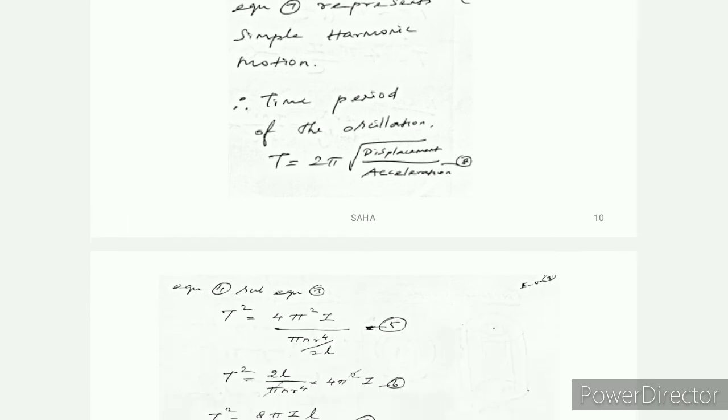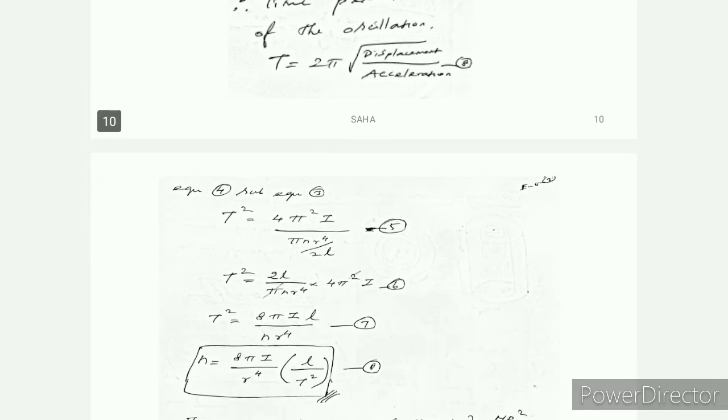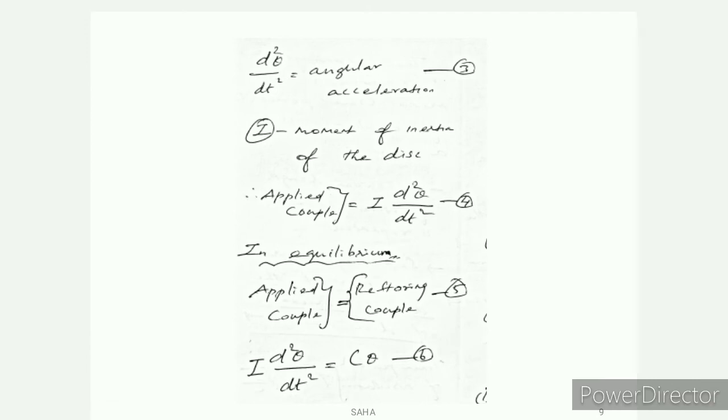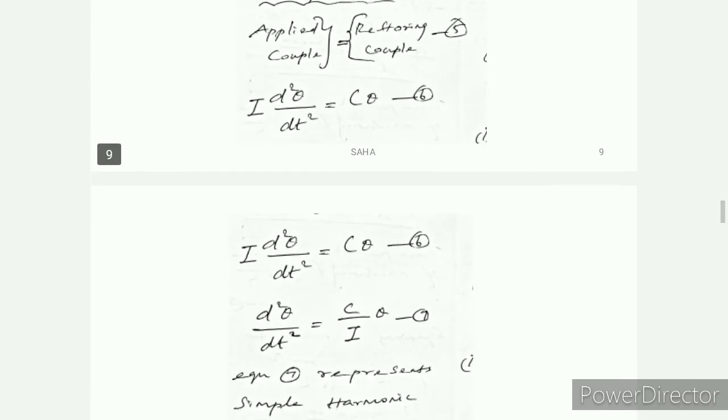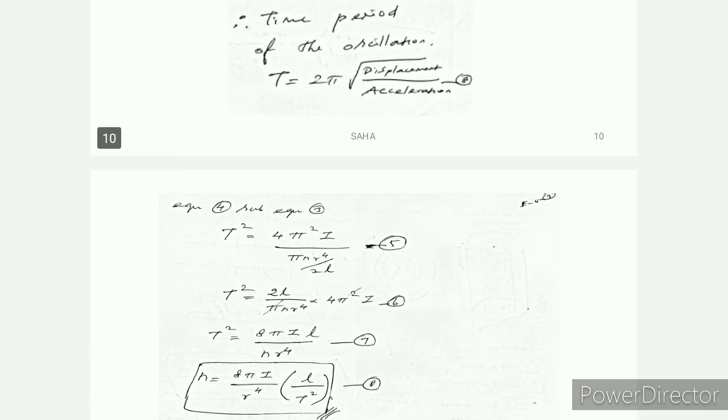Therefore the time period of oscillation T is equal to 2 pi square root of displacement by acceleration. Substituting equation 4 in equation 3, we get T squared is equal to 4 pi squared I by pi n r power 4 divided by 2l.